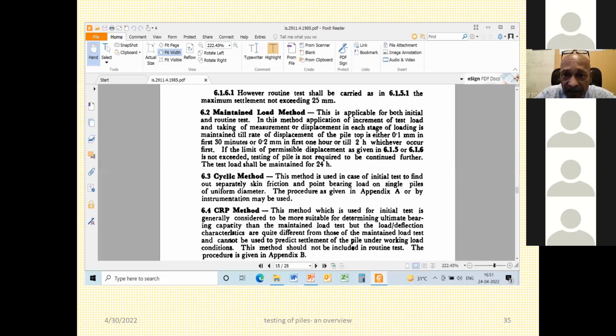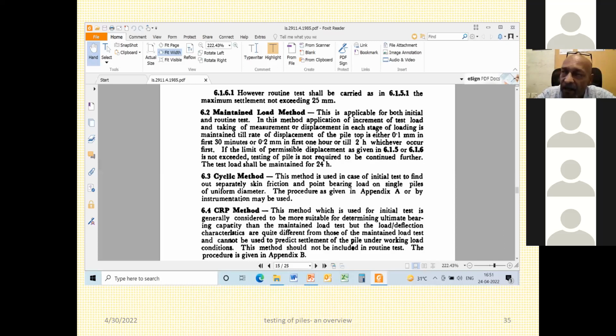In this method, application of increment of test load and taking of measurement of displacement in each stage of loading is maintained till the rate of displacement of the pile top is either 0.1 mm in the first 30 minutes or so. In a nutshell, we do loading in increments of 20% or 25%, and we wait for 30 minutes, take the settlements, then for every 30 minutes we keep taking the measurement till the measurement becomes almost constant or very minimal, 0.2 mm, 0.1 mm, and then we repeat the loading process. So this is the maintained load method.